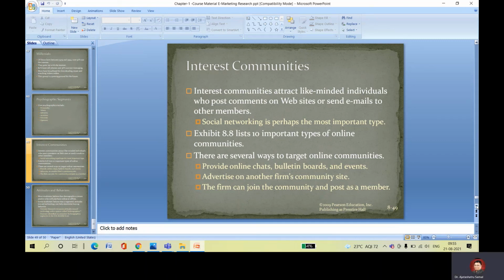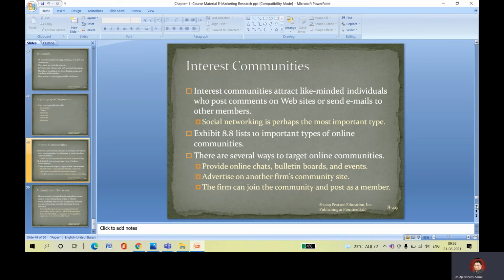Social media is perhaps the most important type of online community. There are several ways to target online communities: provide online chats, bulletin boards, and events; advertise on another firm's community sites; or the firm can join the community and post as a member.